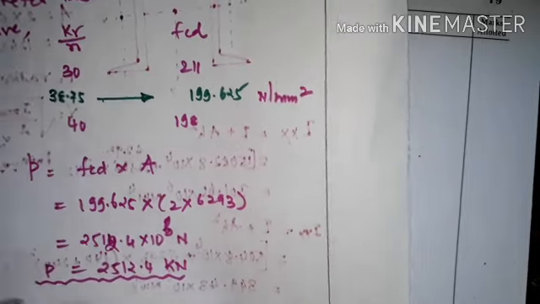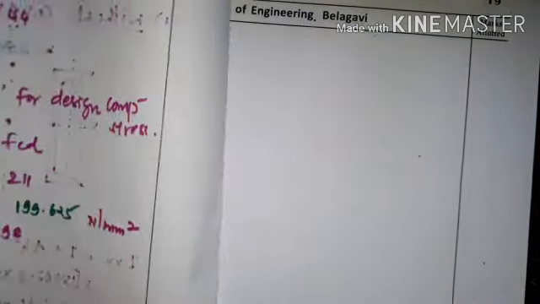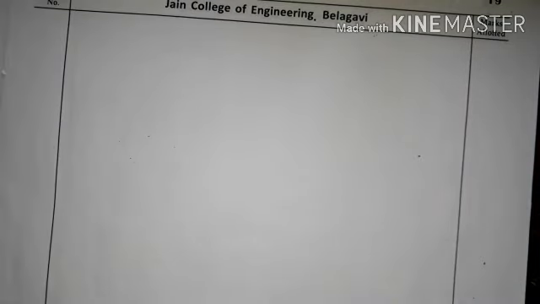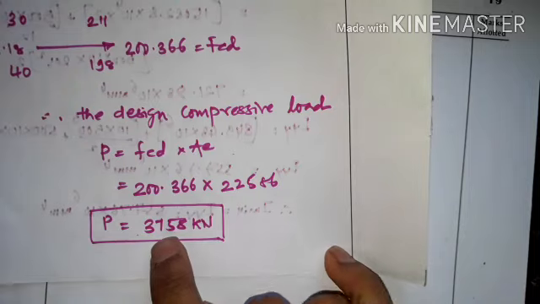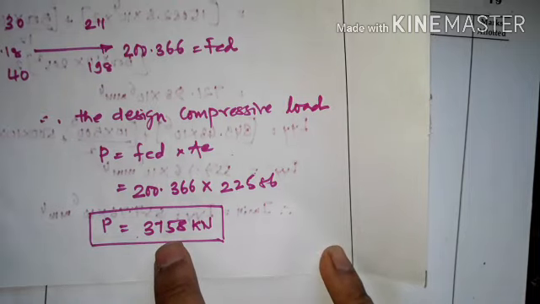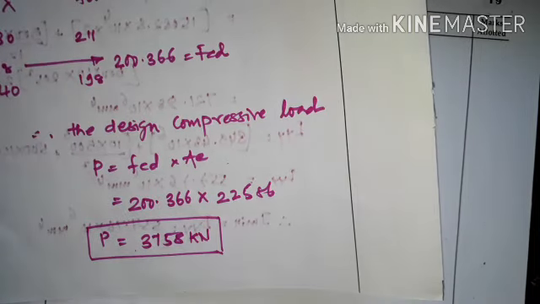With the cover plate it is carrying 3700, which means almost 1200 kilonewton load is increased by addition of two cover plates.